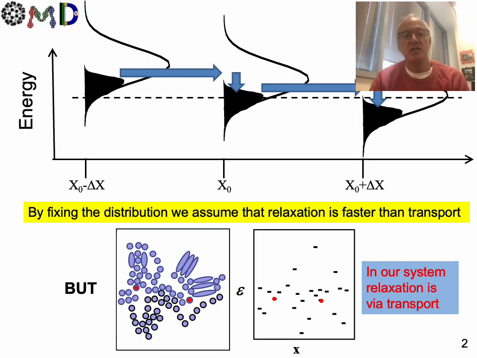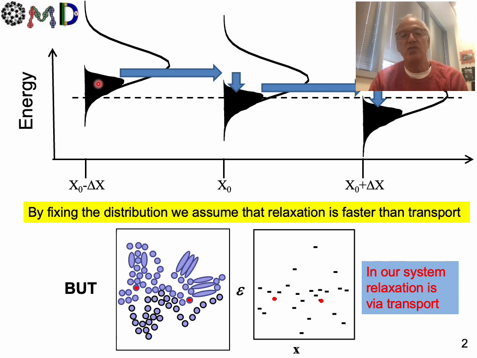We said that we are using this approximation, and in this approximation we assume that Fermi-Dirac statistics hold across the sample with the same Fermi level and the same temperature.